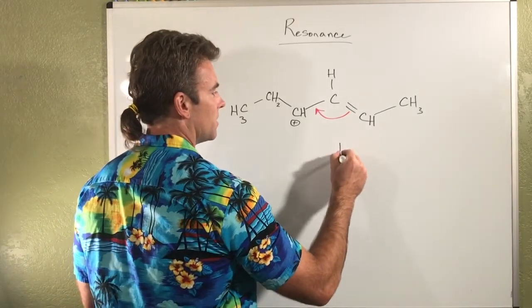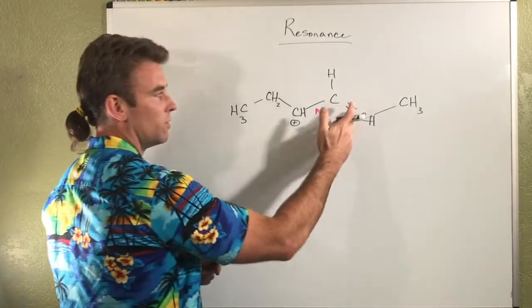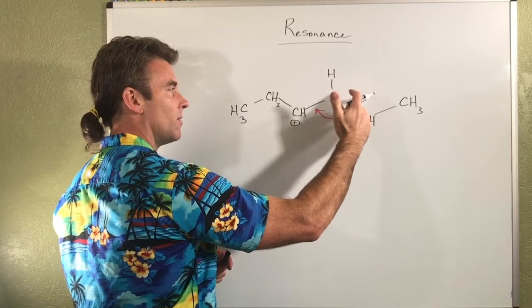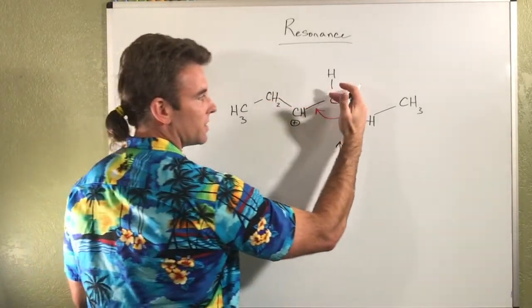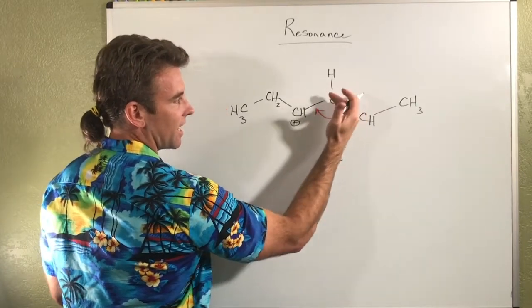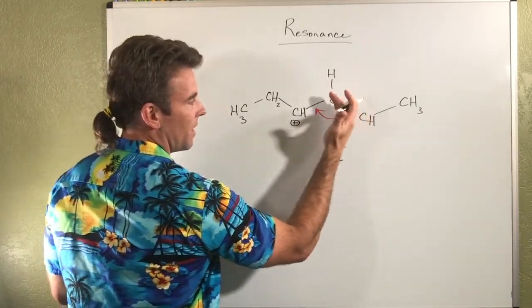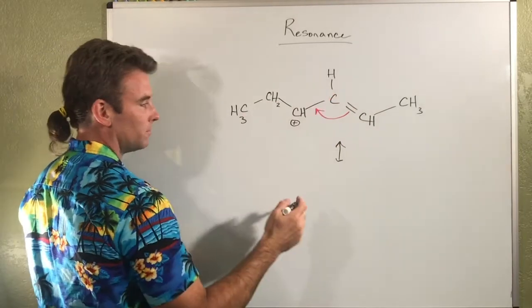And so I'm going to show you the arrow that gets us to the new resonance form. I always think about double bonds when they swing. They're kind of like a door. Right? And so this double bond just stayed connected to that center carbon there and just moved itself over.